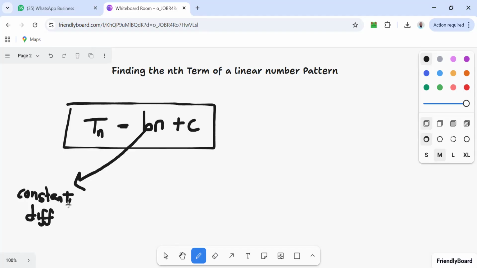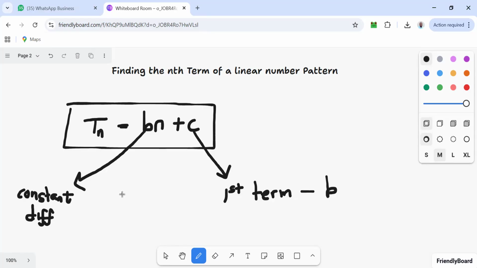And C is equal to the first term minus B. So remember I said B is the constant difference, right?